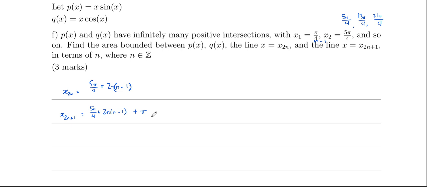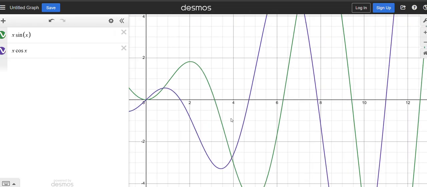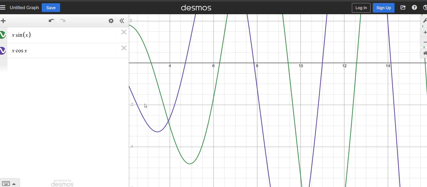All right, and then the area is going to just be equal to the integral from 5 pi on 4 plus 2 pi n minus 1 to 5 pi on 4 plus 2 pi n minus 1 plus pi of the top function, which is always going to be x cos of x.